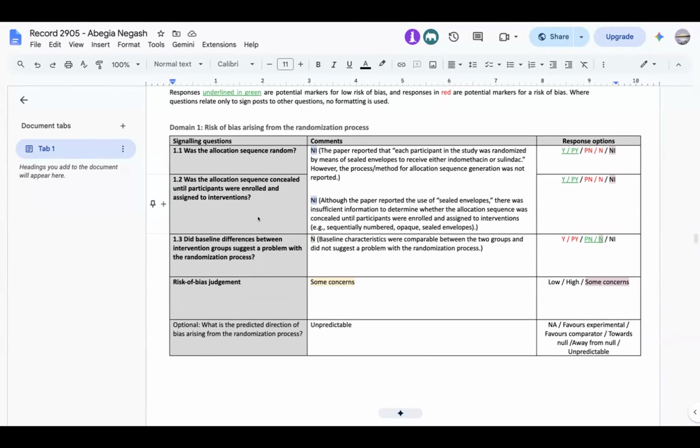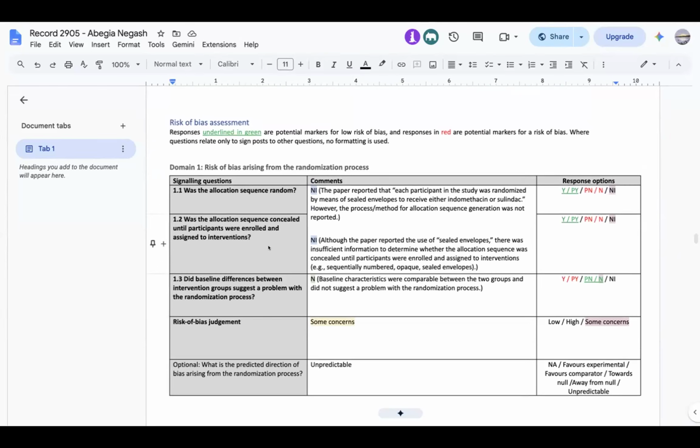For 1.2, was the allocation sequence concealed until participants were enrolled and assigned to interventions? What did we say for 1.2? I put no information. Okay. Did anybody answer it differently for 1.2? I put probably yes for this one as well. Same, I put probably yes as well. Okay. Can somebody tell me why you answered probably yes for 1.2?